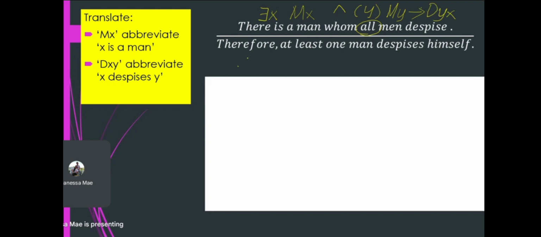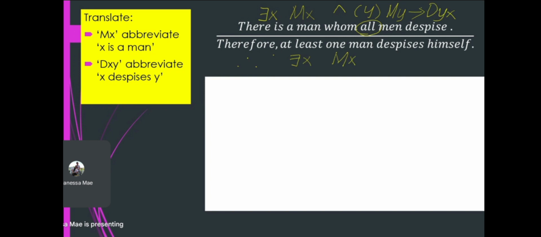Therefore, at least one man. At least means one, so there exists x. We are talking about that man, so there exists x, one man, meaning we will represent that man as mx.